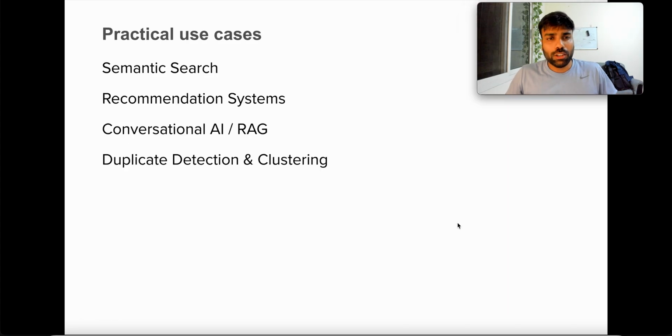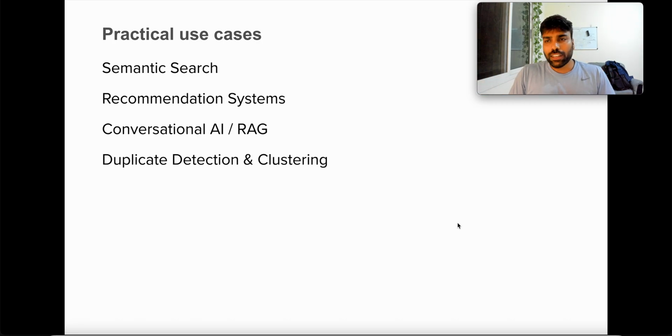Okay, so practical use cases of the embeddings. One is obviously semantic search, where we can create the embeddings of the query, and then we can match the similar embeddings from the vector DB. So it will give you the semantically same text or images or videos.